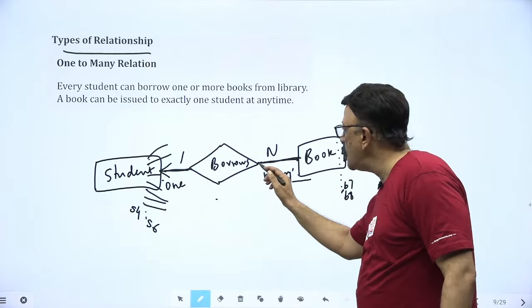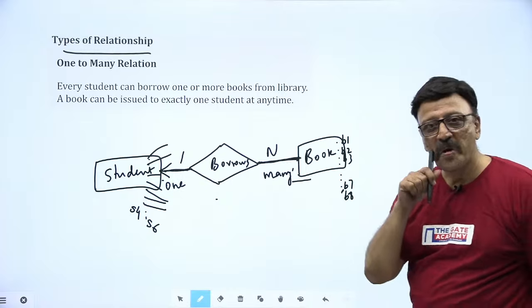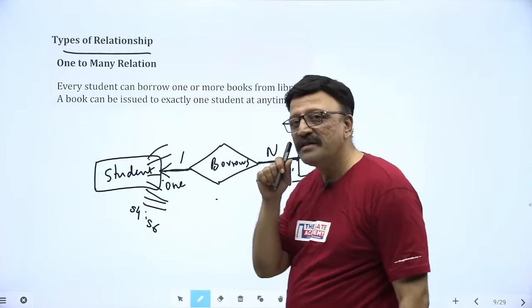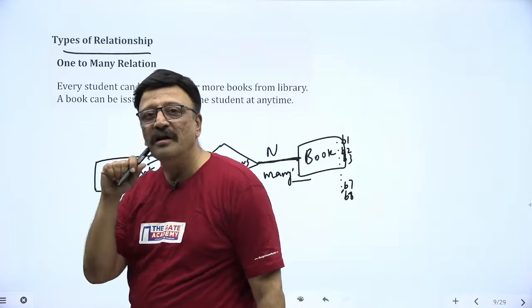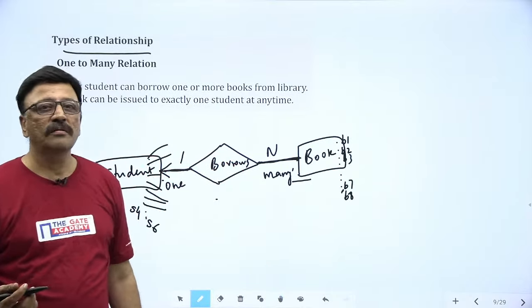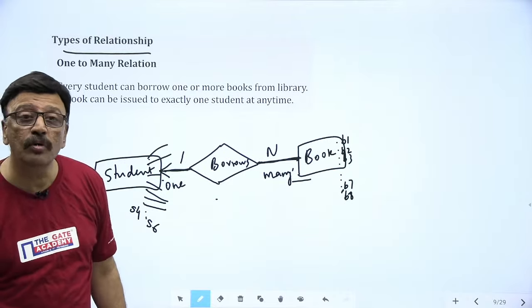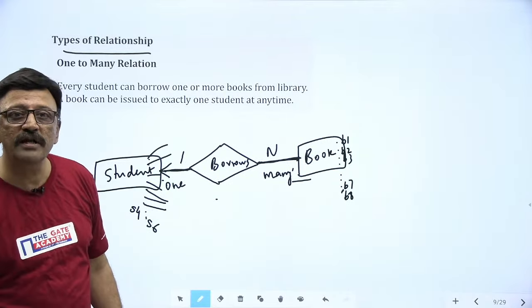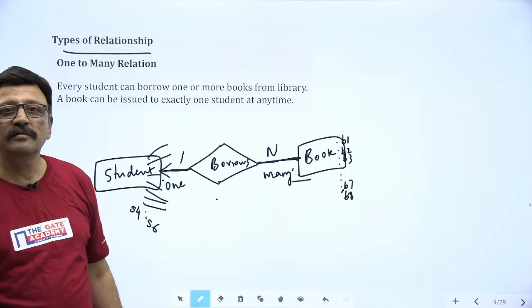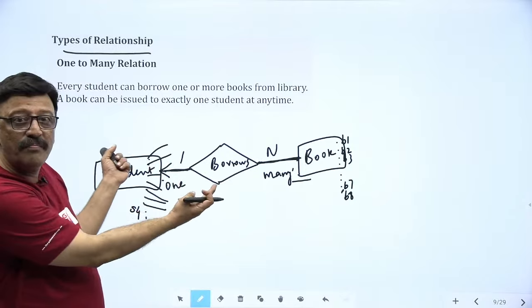So this is also partial, single line. Why is book partial in this particular relationship? Because it's not necessary that all the books participate in this relationship. All the books need not be issued always to some student. So here both sides are partial, isn't it?